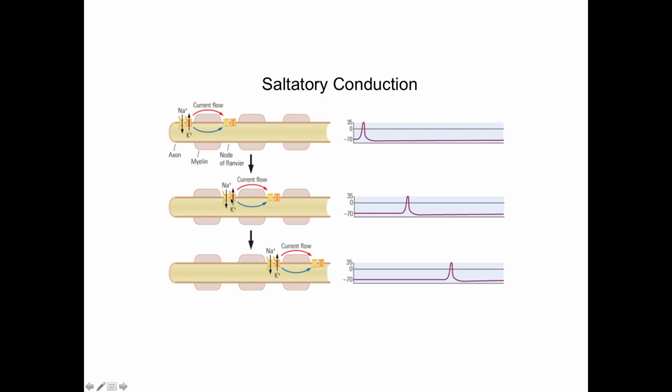Whenever that happened, that will induce or propagate the action potential on the next node. Again, it cannot go back because of the refractory period. So it will keep jumping to the next node and to the next node, etc. So it will have an action potential here, then here, and then here. And this will keep going all the way to the end of the axon.